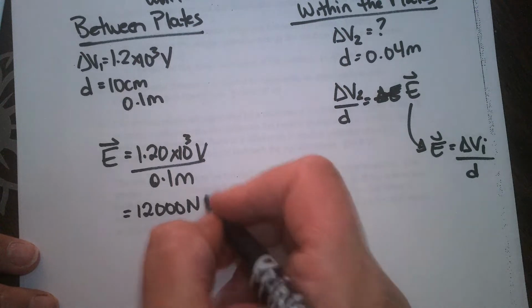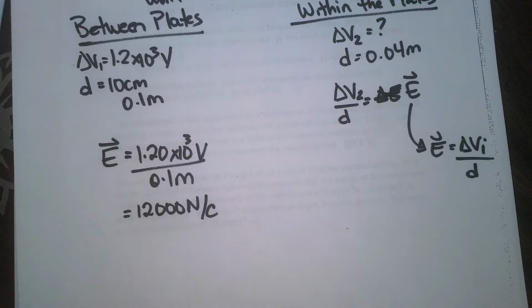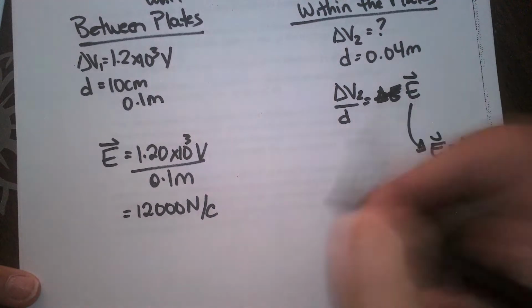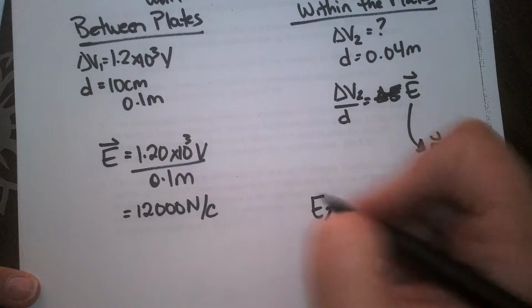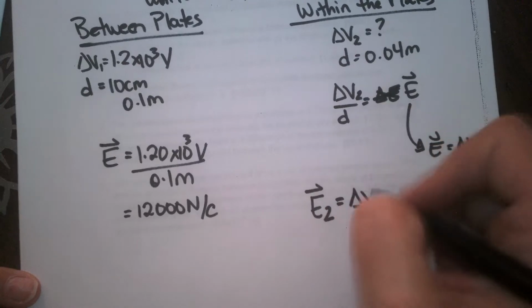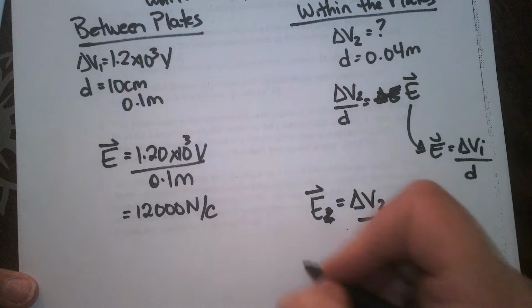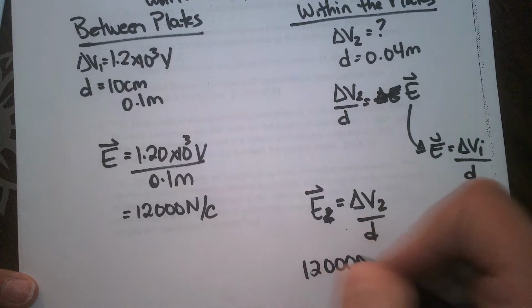Its units are newtons per coulomb. So now that I have electric field strength, which is uniform anywhere between those 2 points, I can take that value and solve for the potential difference when I look at those distances.